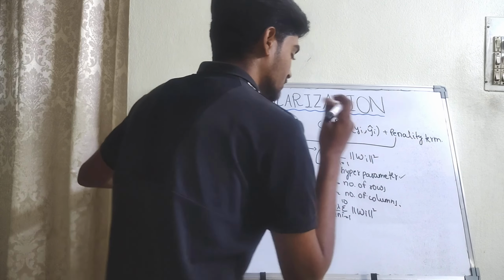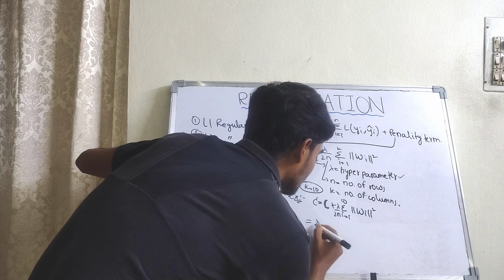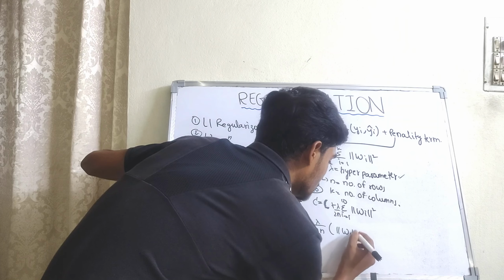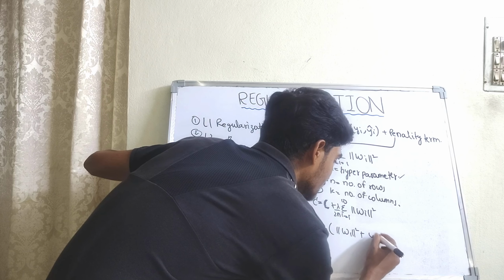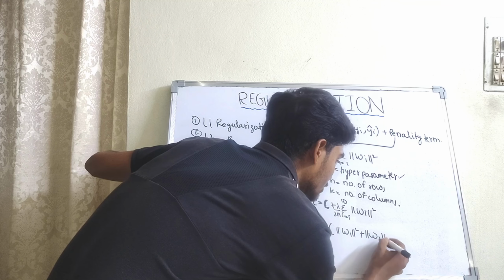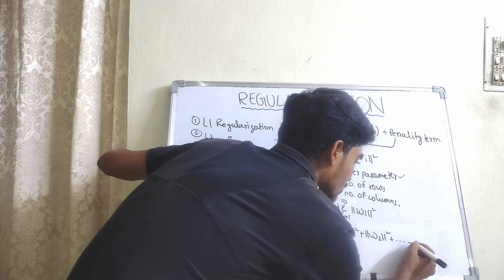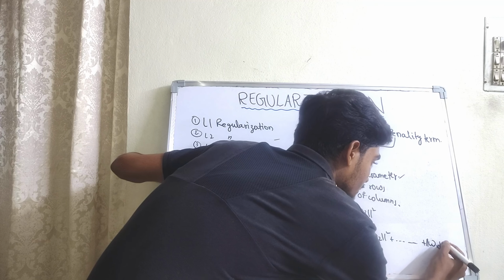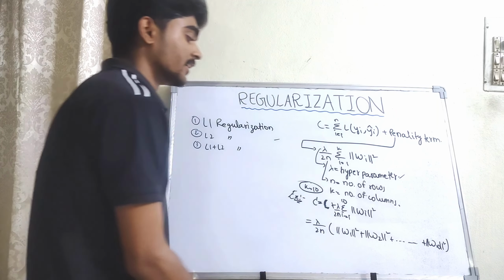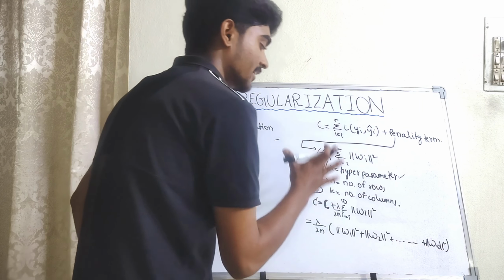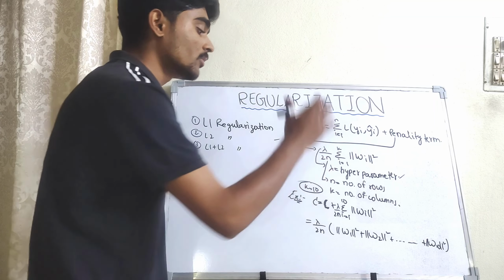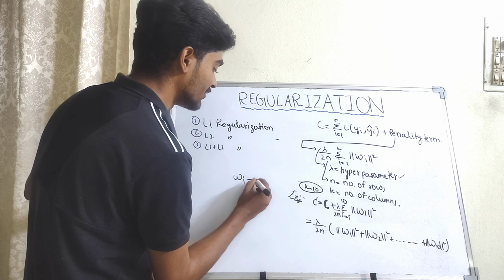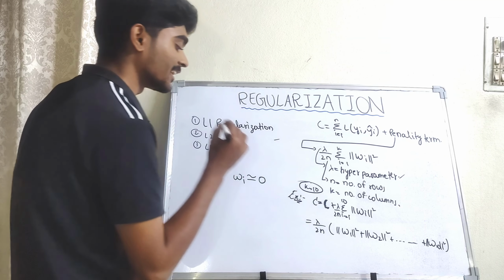Now let's expand this term. It becomes lambda by 2n times modulus of w1 square plus modulus of w2 square plus so on up to modulus of w10 square. In this way you apply regularization. By applying this regularization, the weight values will be nearly 0.